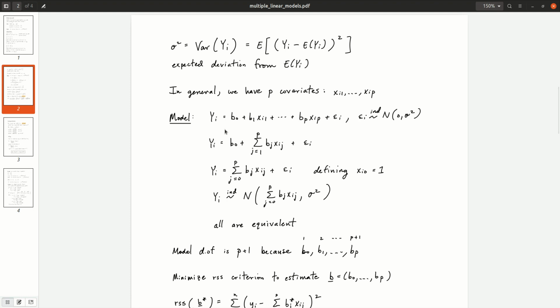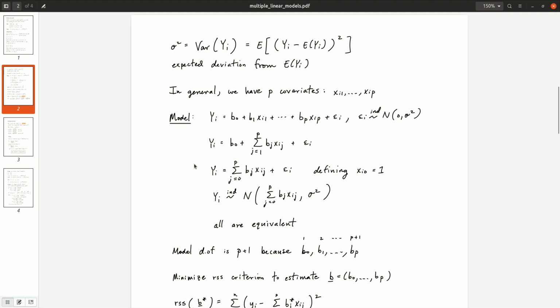There are several different equivalent ways to write it. One is to say b0 plus b1 xi1 plus ... plus bp xip plus epsilon i. Same assumption about the epsilons. Instead, we can use summation notation, which is a bit more explicit. Say b0 plus the sum j equals 1 to p of bj xij plus epsilon i.